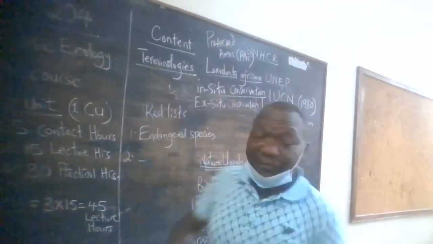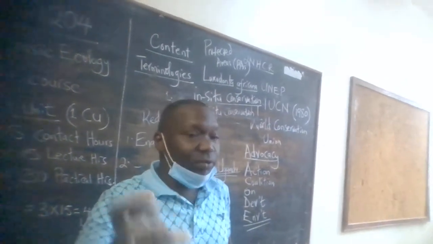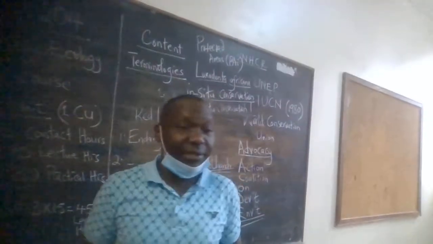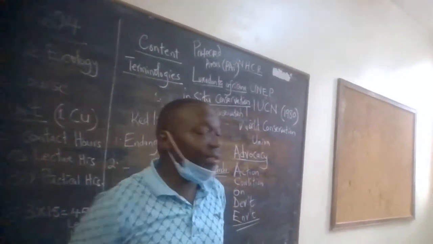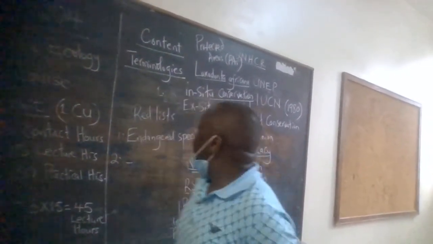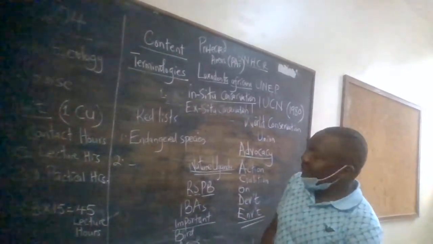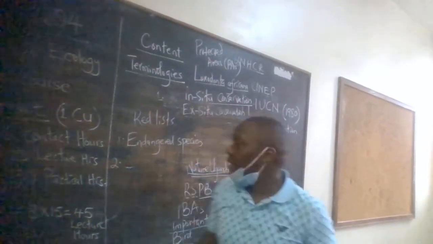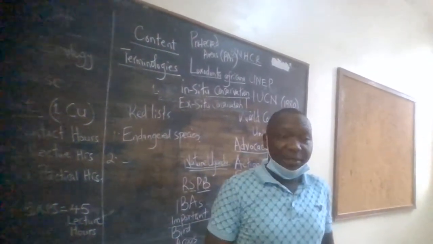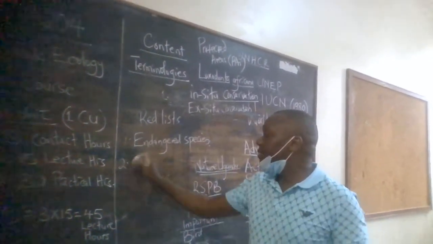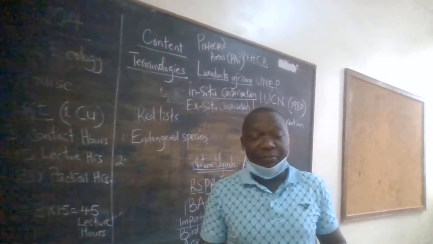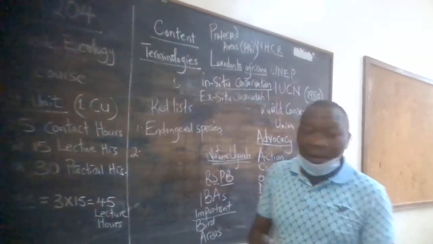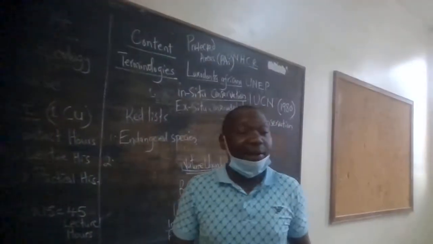For ex situ conservation, we have the zoos, the botanical gardens, the seed banks, and others. But I was still saying that IUCN has categorized species. Some of them could be endangered species. And I told you a minute ago, the African elephant was stated as endangered. Why? Because of breakdown in law and what?